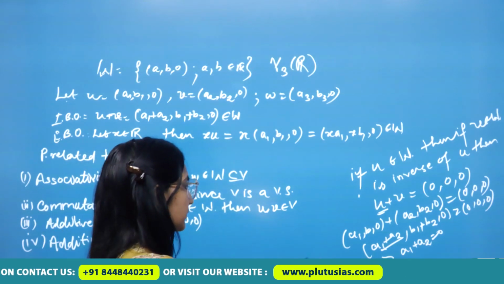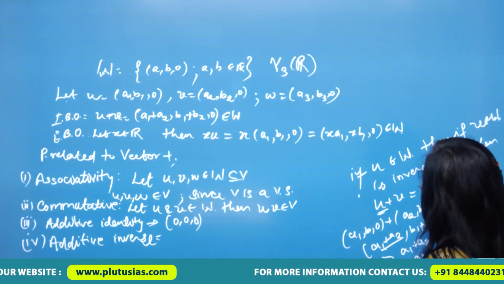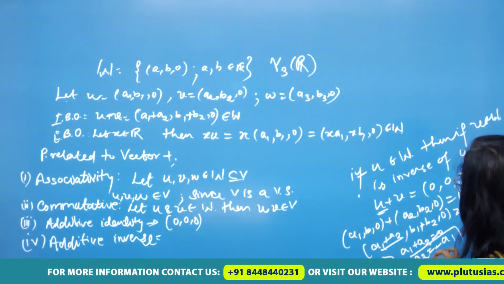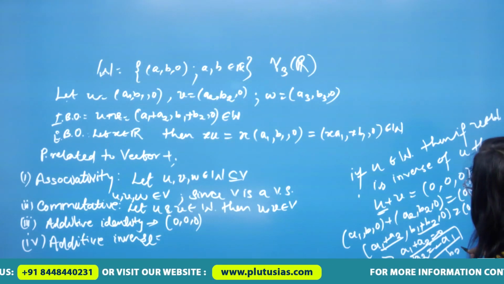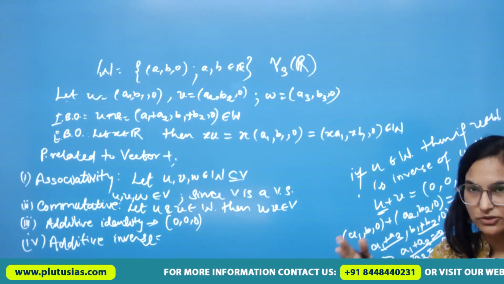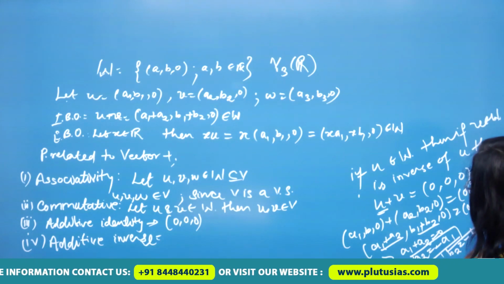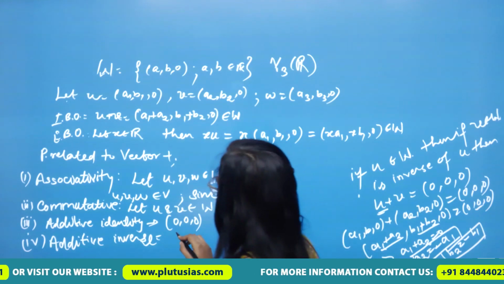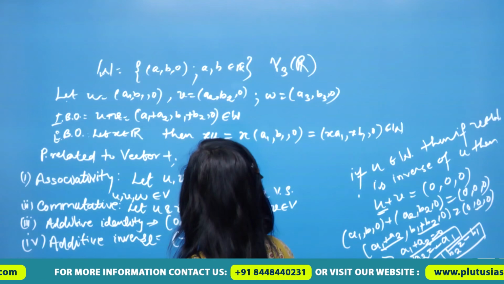Then we will take a2 on the left side, and a1 would go to the right side. Thus we got the value of a2. Similarly, comparing the second component, b1 plus b2 is equal to 0, that means b2 is equal to minus b1. Hence our inverse turns out to be (minus a1, minus b1, 0).